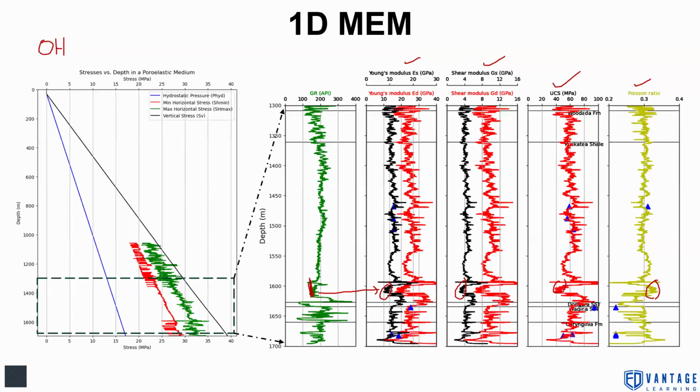So when you inject CO2 in the sandstone, in the sand-bearing formation, at a very high stress, more than the UCS, the formation will fail. So 1D MEM will give us that understanding of the current stress state of the formation, and we can understand our safe injection pressures and of course rates from the MEM. So the main fundamental of geomechanics is, for a safe and contained storage, what should be our approach in selecting and designing a storage project.